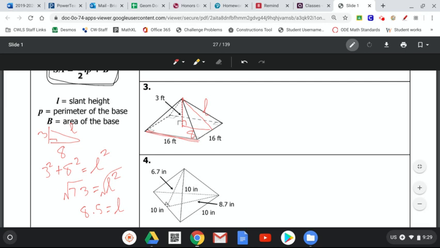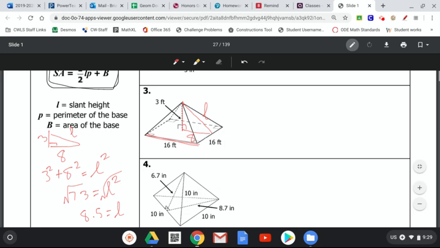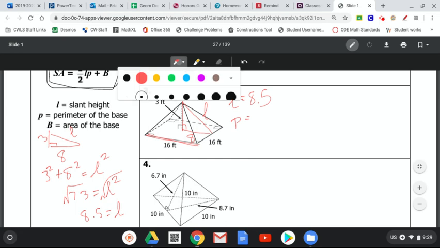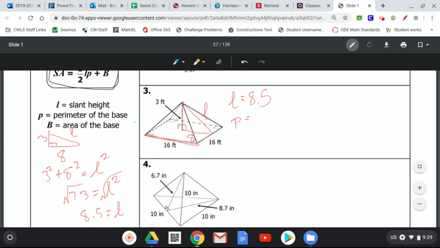So moving on, plugging everything into our formula, we have L equals 8.5. We have the perimeter of the base. Well, it's just 16. It's a square, so it is a square with sides of 16, 16, 16, 16.